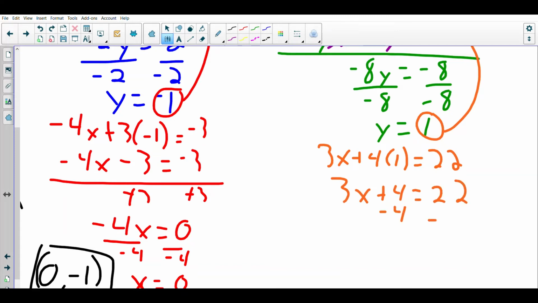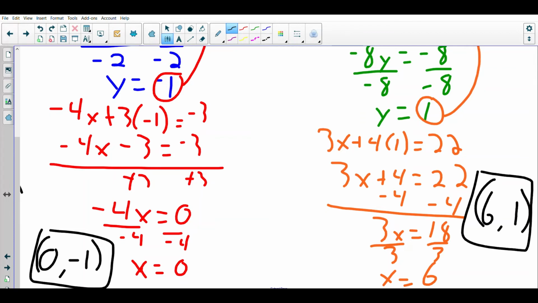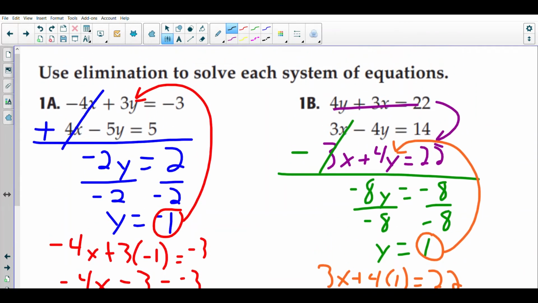Subtract 4. 3x equals 18. Divide by 3, so x is equal to 6. So my final answer is 6, 1. There we go. And I would suggest a quick mental check: plug those numbers into both equations, and check to see if they work.